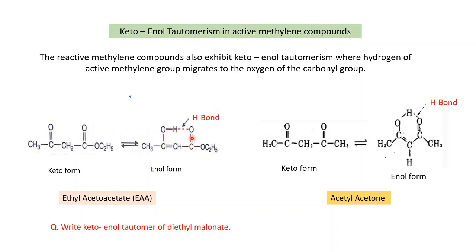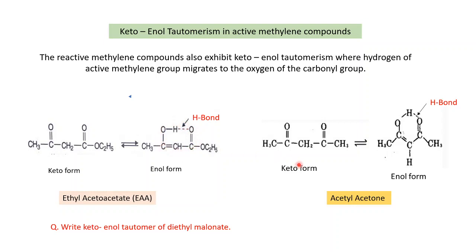And here, because this H is in the vicinity of this electronegative group, there is formation of a hydrogen bond, which stabilizes this particular form, provided that the size of this ring or chelation is large enough to give stability to this compound.